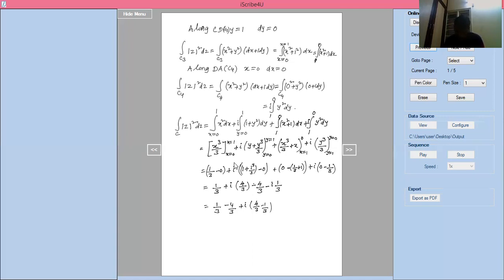Now the integration of C of modulus of z square into dz equals 1 by 3 minus 4 by 3, which is minus 3 by 3, plus i times 3 by 3. So the integral of C of modulus of z square into dz equals minus 1 plus i. This is the required solution for the given problem.